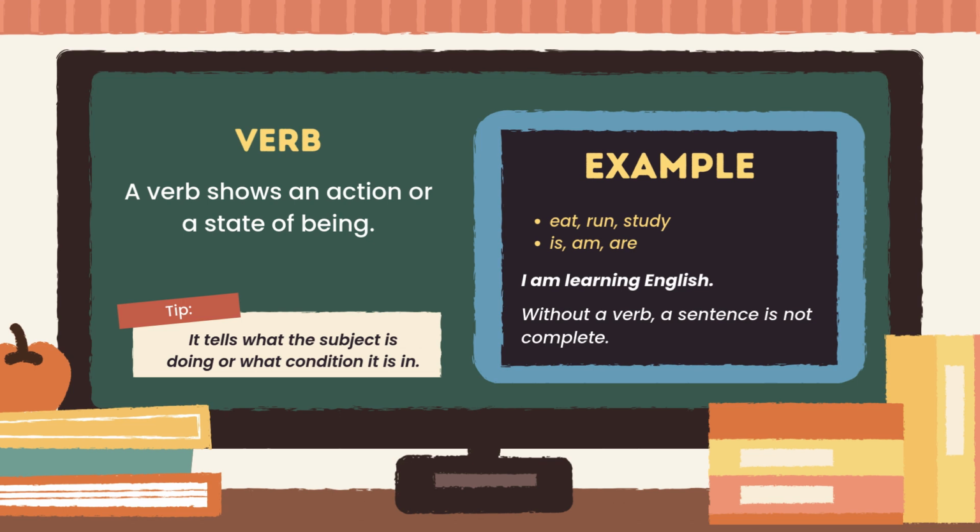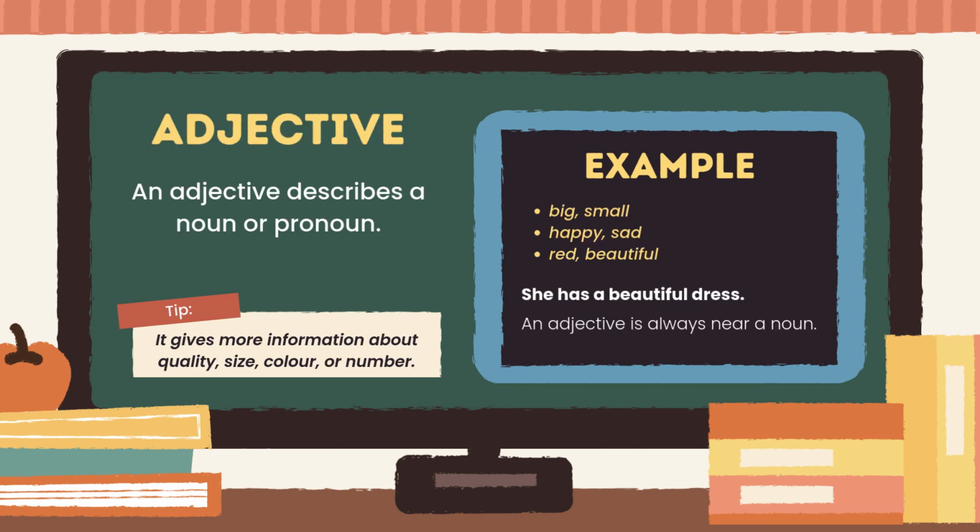Then comes adjectives. Adjectives describe a noun or a pronoun. In simple words, we can say noun या pronoun की quality बताने वाले. For example, big, small, happy, sad, red, beautiful. She has a beautiful dress.